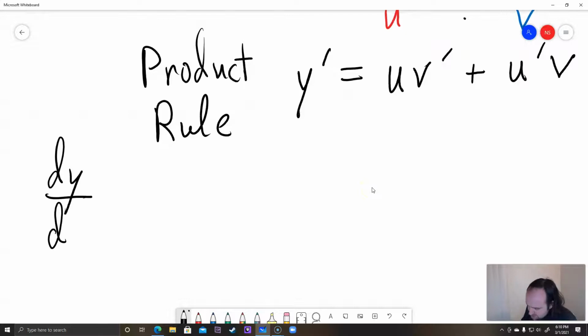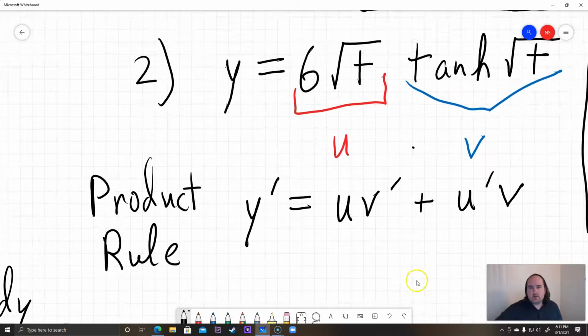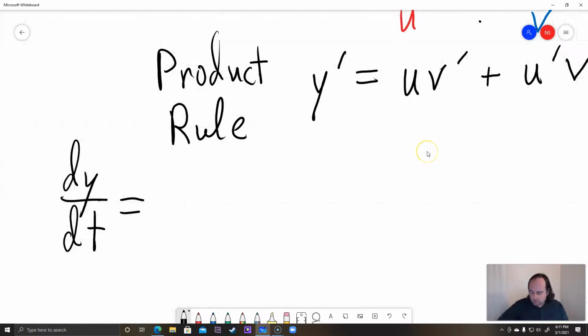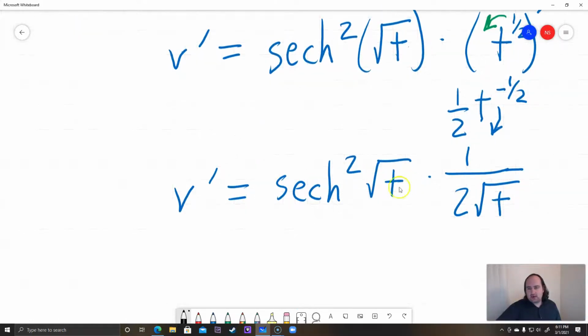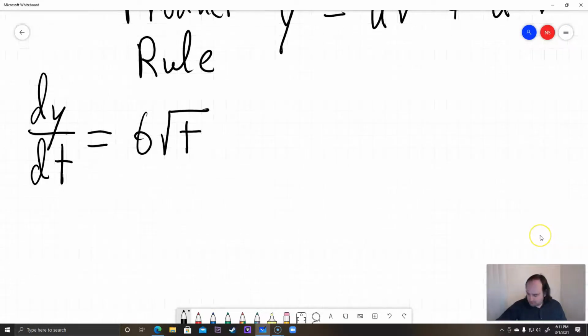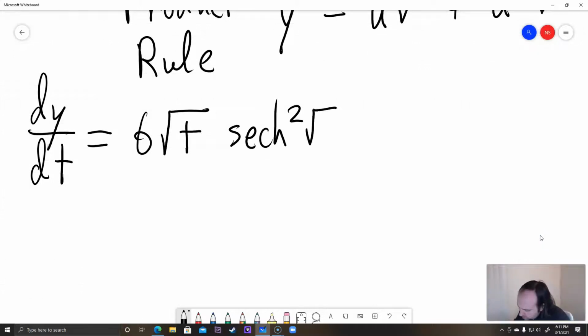Okay, so we have dy dt equals uv prime. So let's see, u was 6 root t. So we have 6 root t for u. And then we have v prime, which we just calculated, was sech squared of root t times 1 over 2 root t.